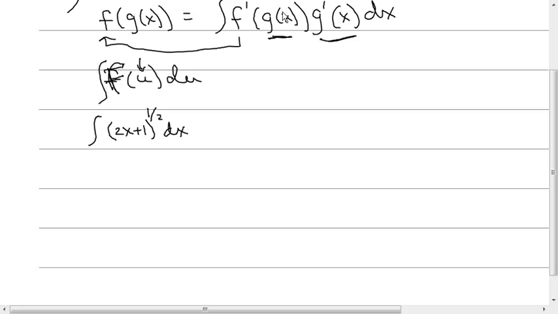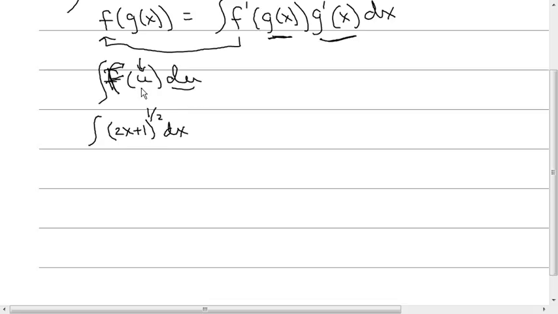There's some function within a bigger function, so there's a compound function times the derivative. Pretty clearly, here's a function, 2x plus 1, and that's sitting inside of a larger function, square root. So that's good.